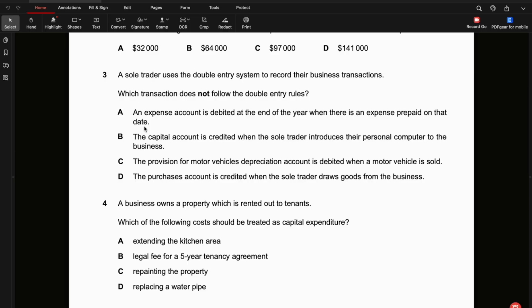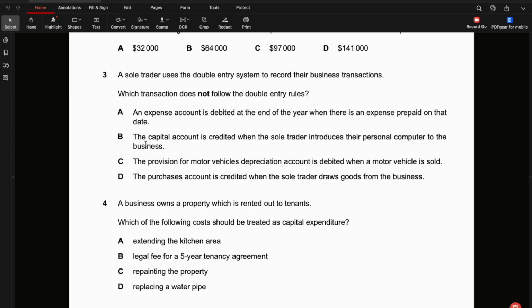Okay, so here we record the transaction and it is recorded on the debit side, but this is the amount that we paid for the next year, prepaid. So this actually does not follow the double entry system here, because as per the double entry system we need to record transaction as per the accrual basis, especially when we prepare the final account.